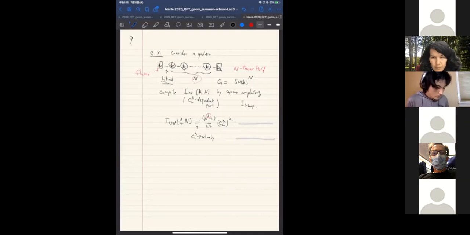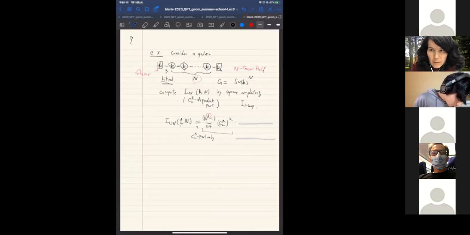Okay, so then it's good to formally substitute k equals 1, and the answer should be this. Here n is n minus 1.